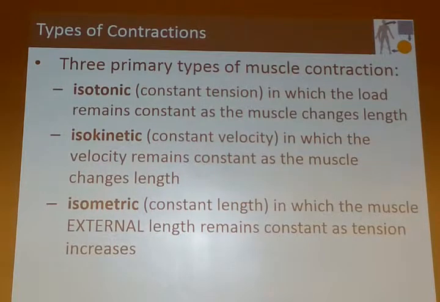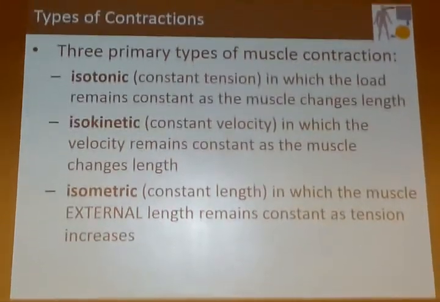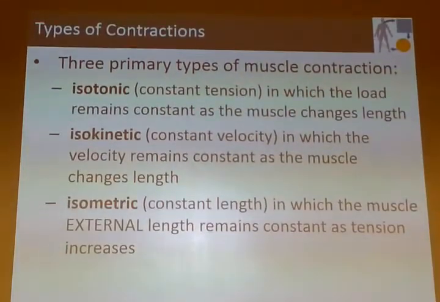Okay, so types of muscle contraction. Isometric. Every single muscle contraction begins with an isometric muscle contraction. It will remain isometric, meaning same external muscle length, until your force exceeds the load that is applied to the muscle.